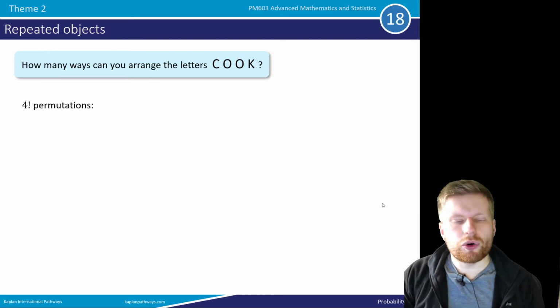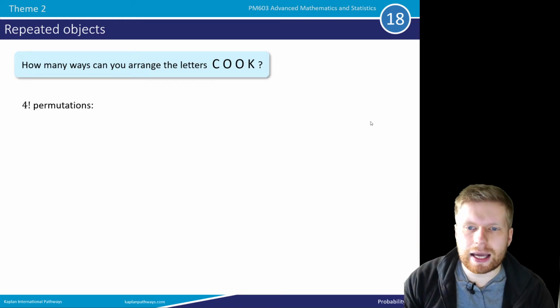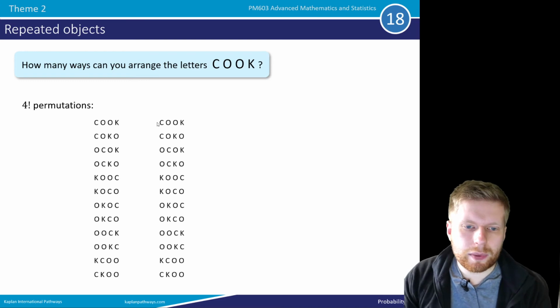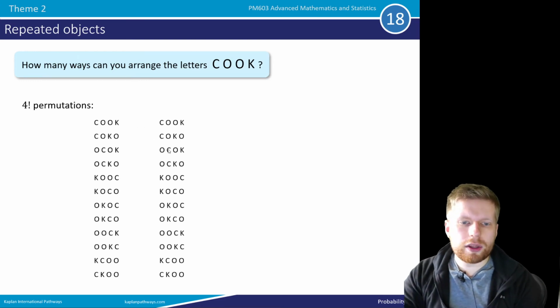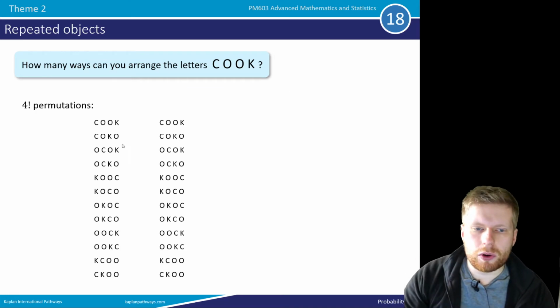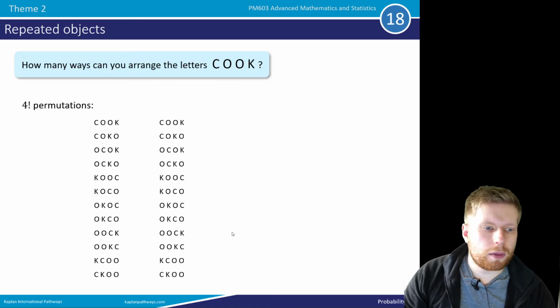So if I draw out all of the different possible permutations, where I treat the O's as different letters, this is what I would get. These would be all of the 4 factorial permutations, or the 24 permutations.